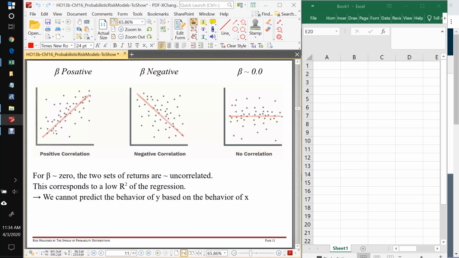So here are some examples of the same things that we saw with the correlation coefficient. So this is return of x here, and this is on the y-axis, return of y, okay? And we've got positive beta, negative beta, and beta equals 0, when you just can't really draw a good line. So this would be our r squared equals, let's say similar to 0, okay?